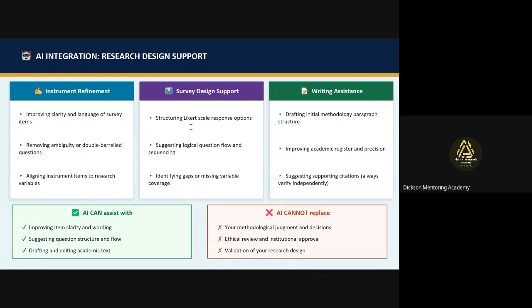What you must never use AI for. AI should not decide your research design, should not validate your methodology, and it should not replace your academic judgment. Always verify AI outputs.